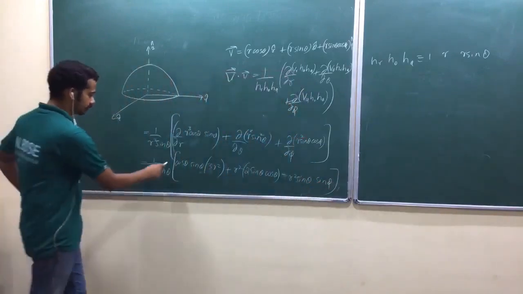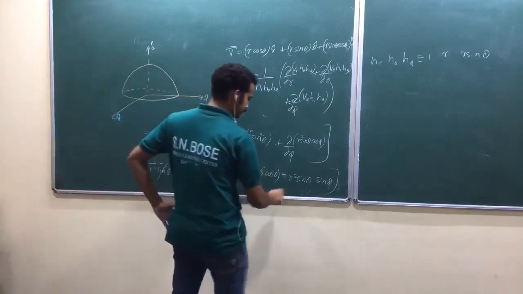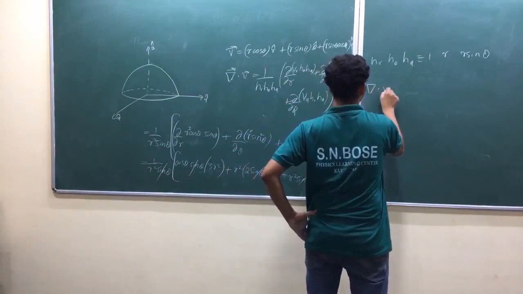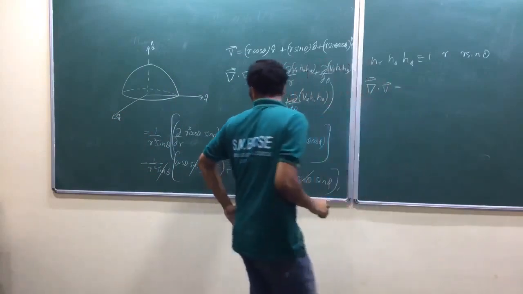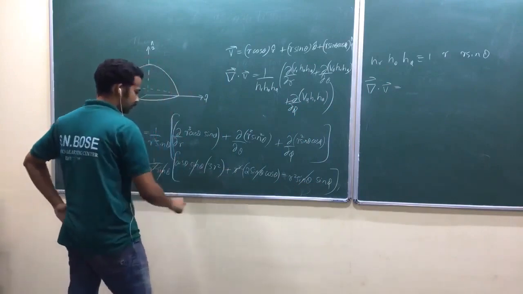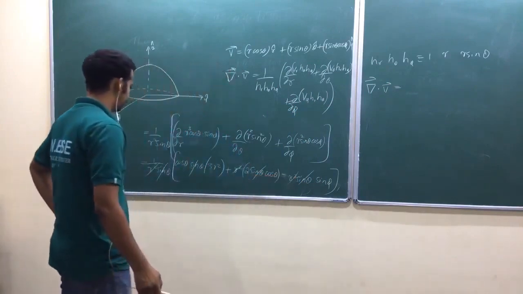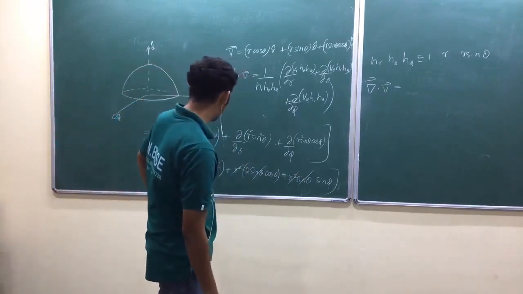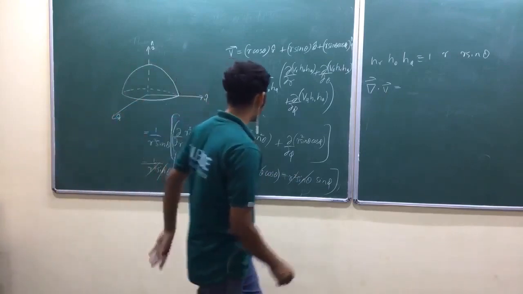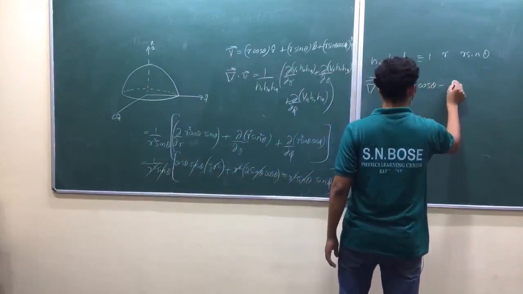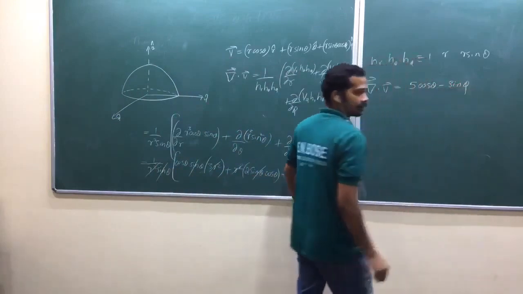You can cancel out sin theta. So what is the divergence? Divergence of the vector field equals, I think you can cancel out r square also. Okay, 3 plus 2, 5 cos theta minus sin phi. Very simple expression.